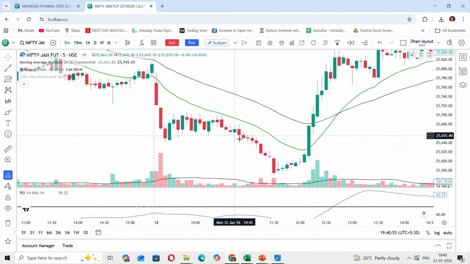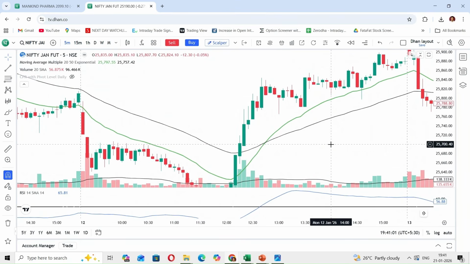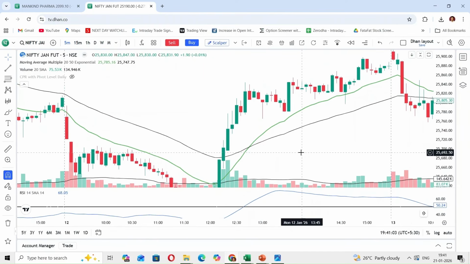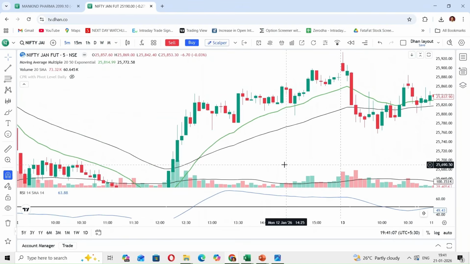And I got a 1 to 2 risk reward here. Definitely I got a 1 to 2 risk reward. Fine. So see, whenever you are losing, you lose small, but whenever you are winning, we are getting a good profit. So this is the great part about the risk management rules and having a proper edge while trading in the live market.